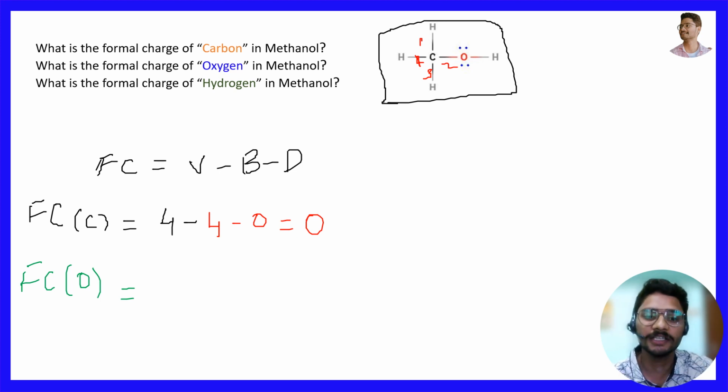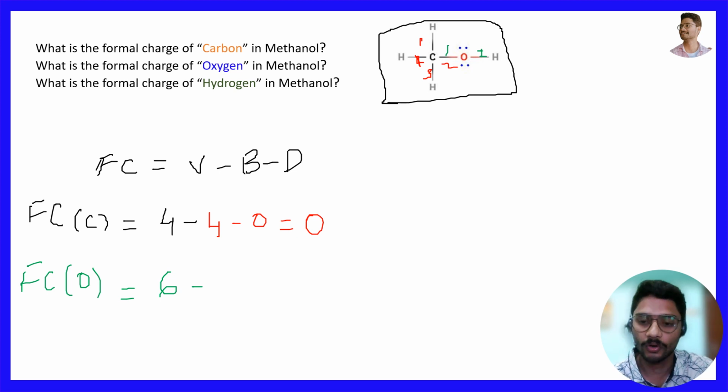If you can see the formula, what is the valence of oxygen? In the previous molecule also, we have seen the oxygen of methanol. If you can remember, the valence of oxygen is 6. Now we have to subtract the total number of bonds present around oxygen. Here is one bond, here is another bond.